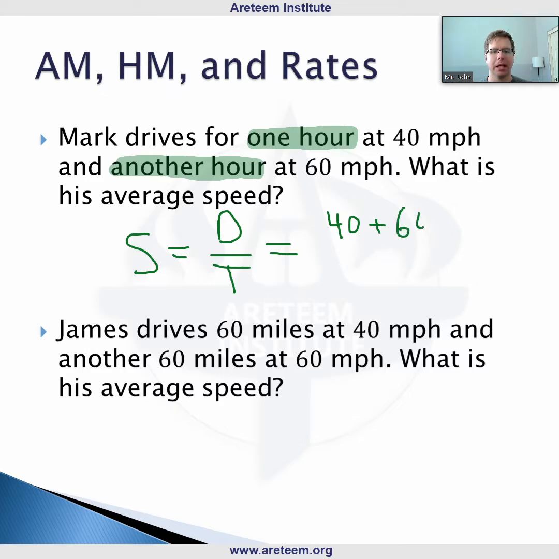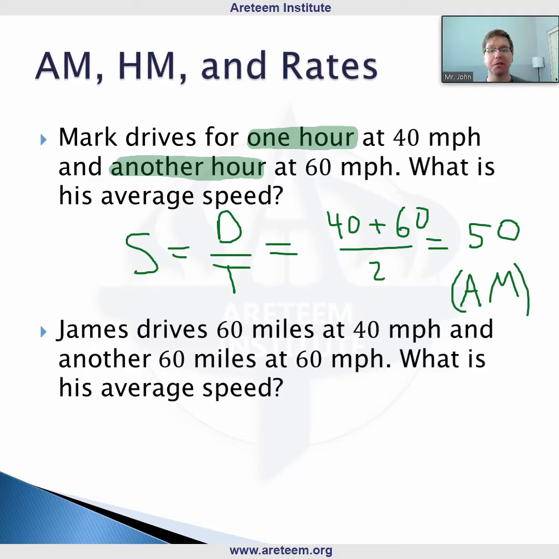And the total time is 2 hours. So this is going to be 50, but I also want to point out that our calculation is the arithmetic mean: 40 plus 60 divided by 2. If he's going the same time for each rate, we can find the average by doing the arithmetic mean.